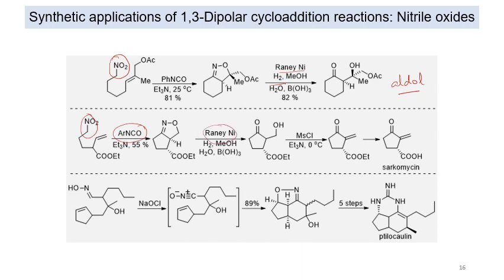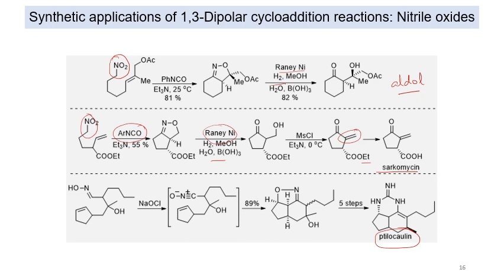Upon usage of Raney nickel and boric acid, you end up getting this aldol type product, which is then treated with benzoyl chloride to carry out an elimination reaction, and then one can carry out the hydrolysis of this to give you a natural product.